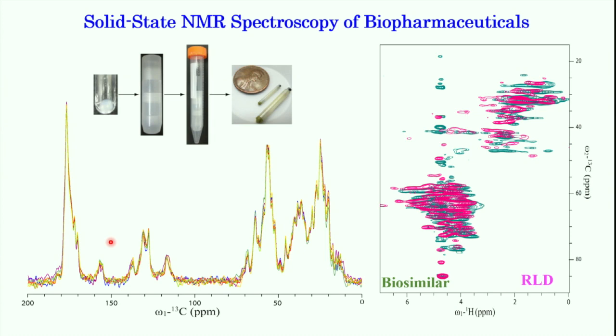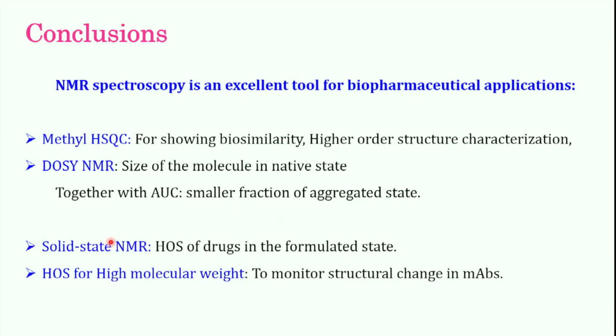So with this, I was able to convince you that NMR spectroscopy is an excellent tool for biopharmaceutical application. I showed you in the initial part that methyl HSQC can be used for showing biosimilarity or higher order structural characterization in a robust manner. Next, I showed you that diffusion ordered spectroscopy, DOSY, which gives the size of a molecule in the native state, can be used to understand the aggregation property or degradation of a biomolecule.